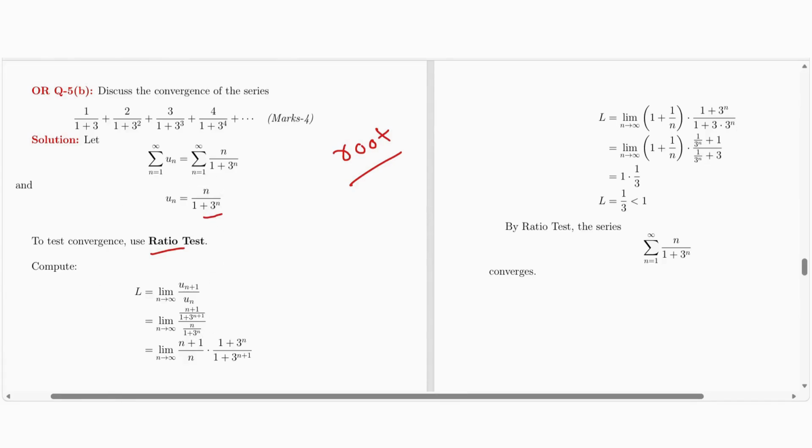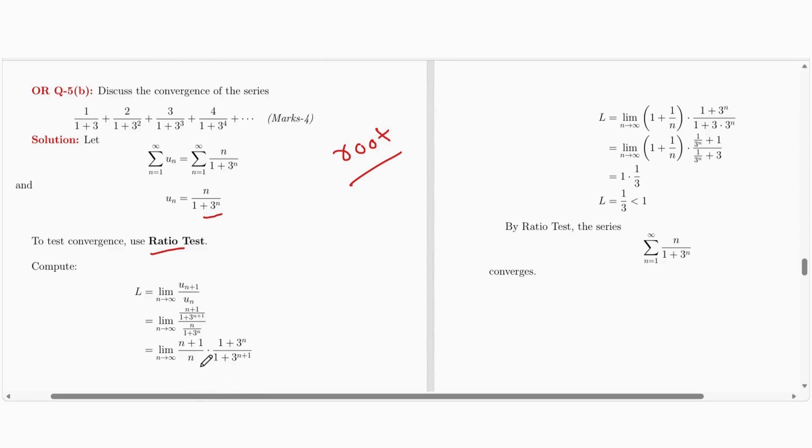Now simplify. n plus 1 upon 1 plus 3 raised to n plus 1 as it is, and after cross multiplication we get 1 plus 3 raised to n in the numerator and n in the denominator.